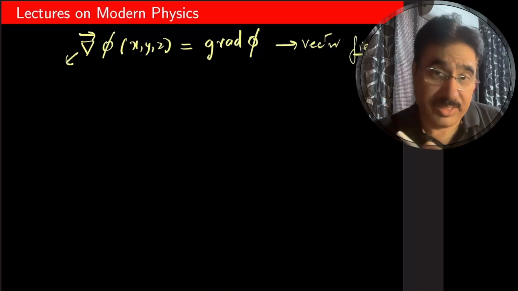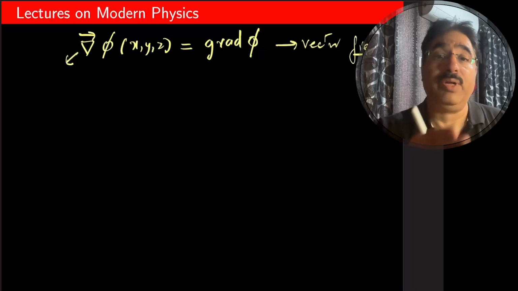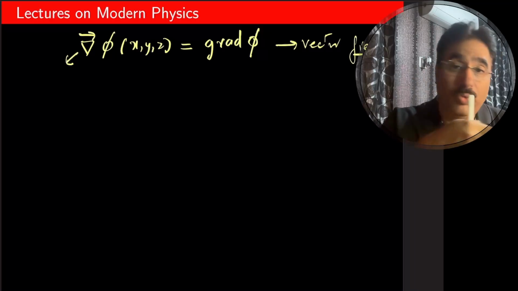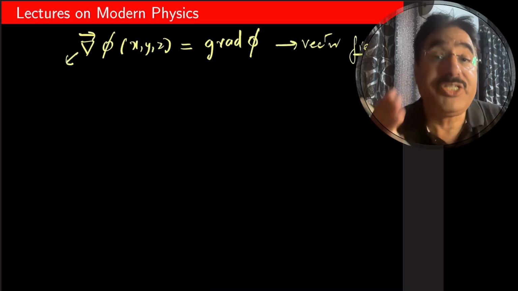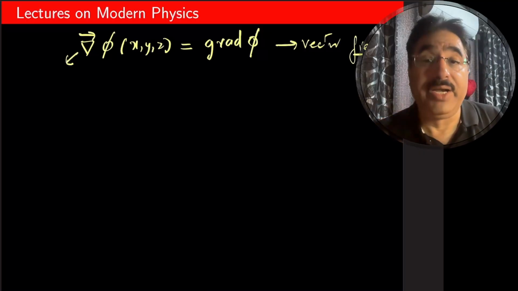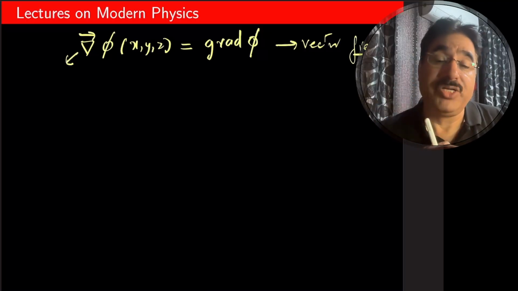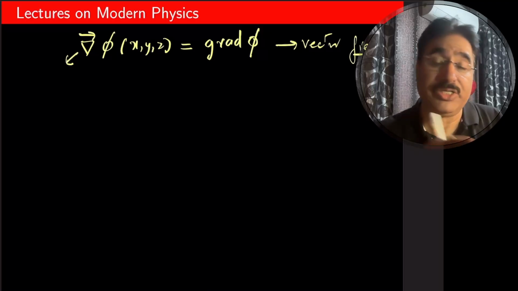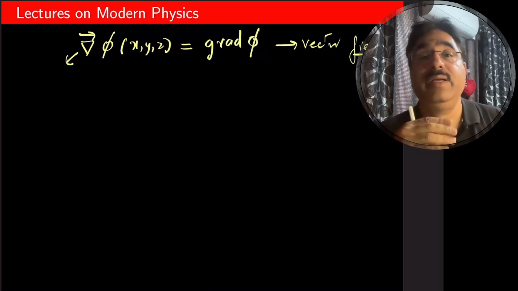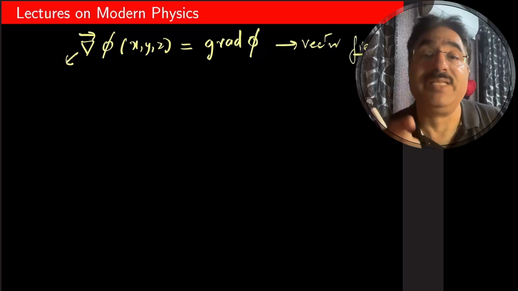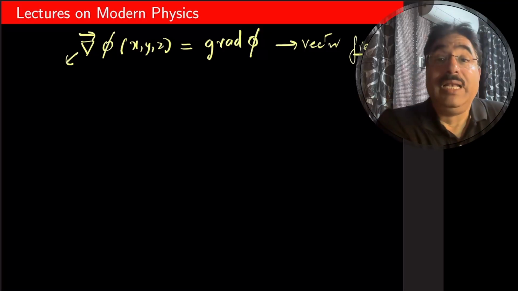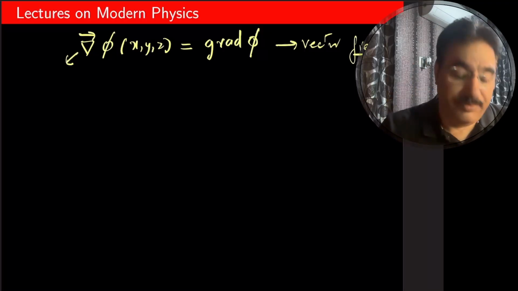As I move along all the three directions, how the field changes is given by the gradient, and the direction of that change is the direction in which the field changes maximally. That is what you learn by taking the gradient of a scalar field.